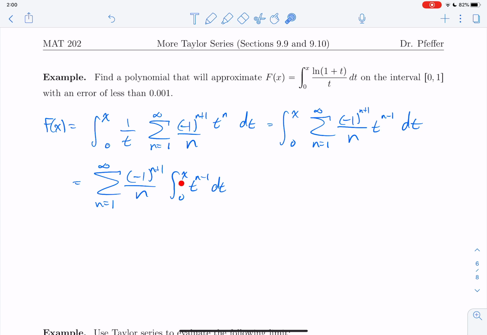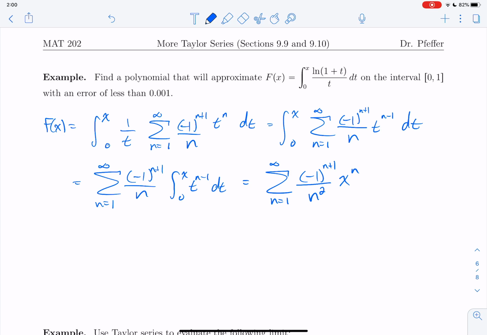When we evaluate that at x, it'll just swap the t for an x. When we evaluate that at t equals 0, it dies. So this will simply turn into the sum from n equals 1 to infinity of -1 to the n plus 1 over n squared times x to the n. That's what this function f of x is actually equal to.